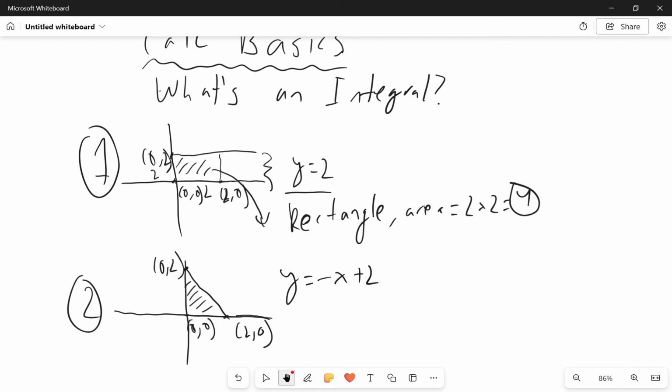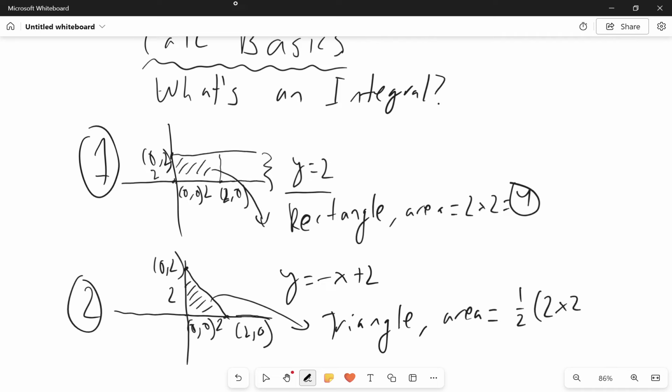And once again, this is the area between the x-axis and the function itself. And as you can see, this time it's a triangle. The area is equal to 1/2 times the base times the height. So in this case, the base is 2. The height is also 2. So it's 1/2 times 2 times 2, which is just 2.